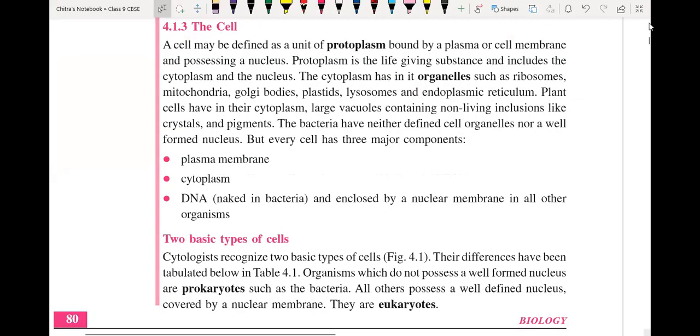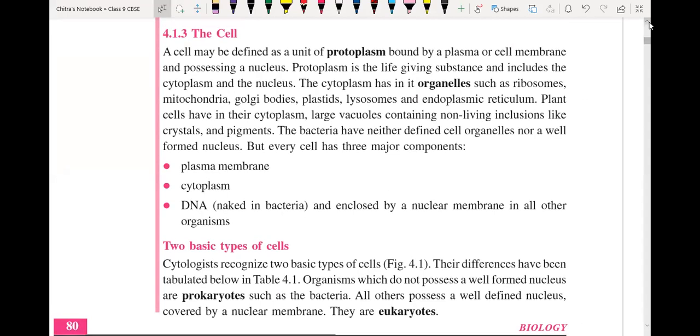Now we are going to discuss the cell, and it is very important. The cell may be defined as the unit of protoplasm, and it is bound by the cell membrane, also called the plasma membrane.